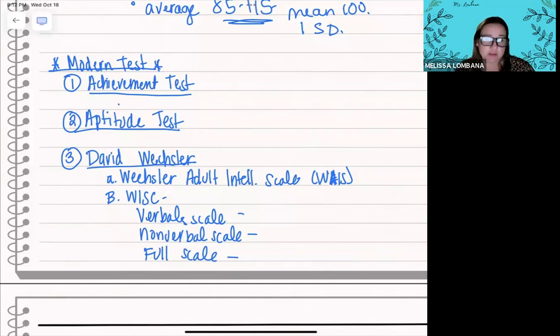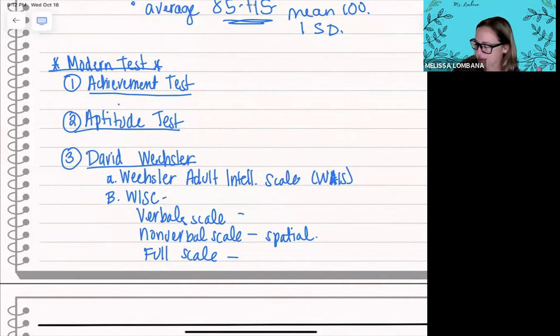Then the non-verbal scale uses spatial relations, which are puzzles, sequencing, and problem solving. Make sure you include that as well. Basically, the full scale is a combination of the two scores together. For this one, they use standard deviations. There's more statistical reasoning behind it. So that's basically the more modern way of assessing intelligence.